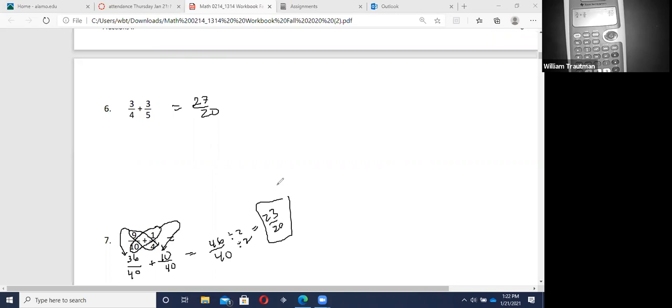Unless they ask you, do you see? This is the answer. But sometimes on the test, that answer is not there. They might put these answers down. Let's see if we can pick the correct answer.